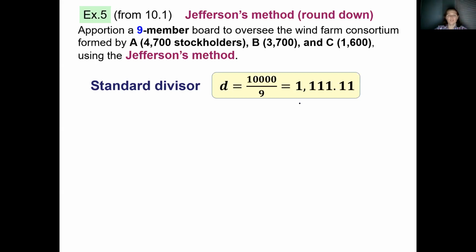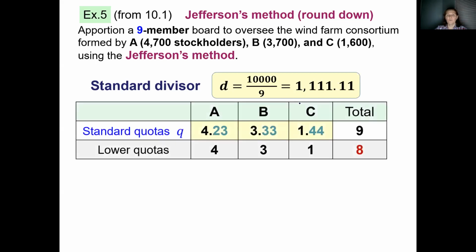If we use the Jefferson method, we assign the lower quota 4, 3, and 1. The total is 8. So how should we change the standard divisor to get 9? If we use the standard divisor, then we get the quota less than needed.